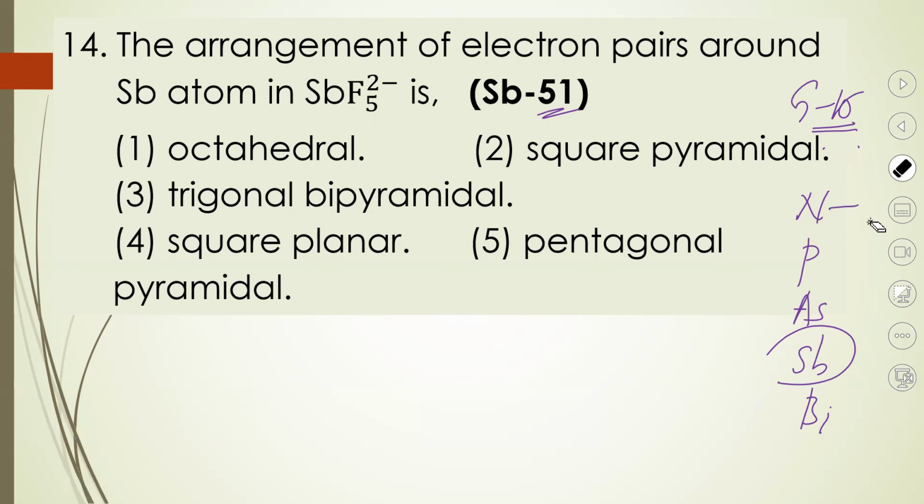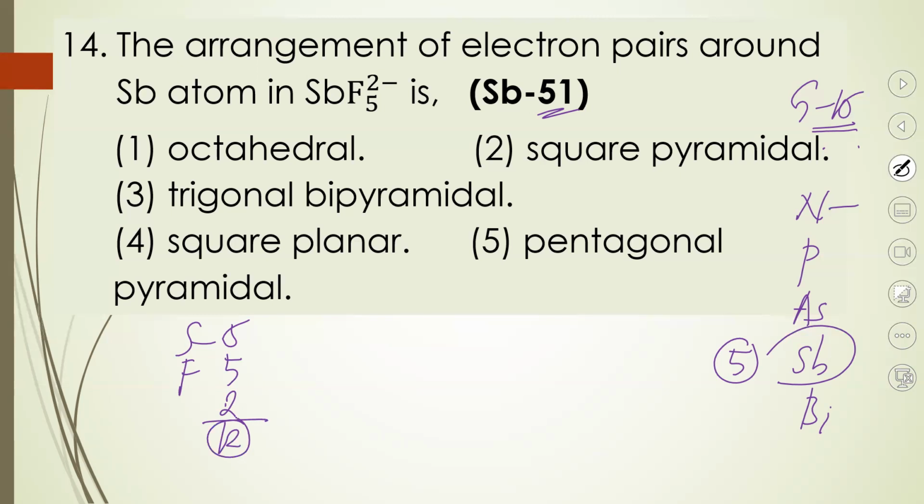Valency is 5. How are you going to count it? Sb donates 5 electrons. From fluorine, another 5 electrons, that makes 10. But because of the negative charge 2, together 12 electrons are there around the antimony element in the valence shell.